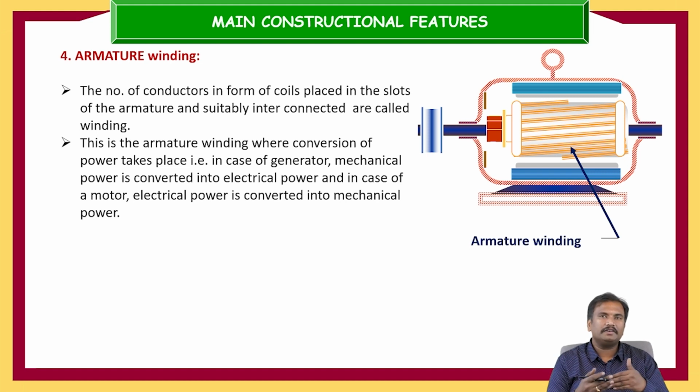In the case of a generator, mechanical power is converted into electrical power, and in the case of a motor, electrical power is converted into mechanical power. Because when we have two conductors and one magnetic field together, only then can we convert either mechanical energy into electrical energy or electrical energy into mechanical energy.